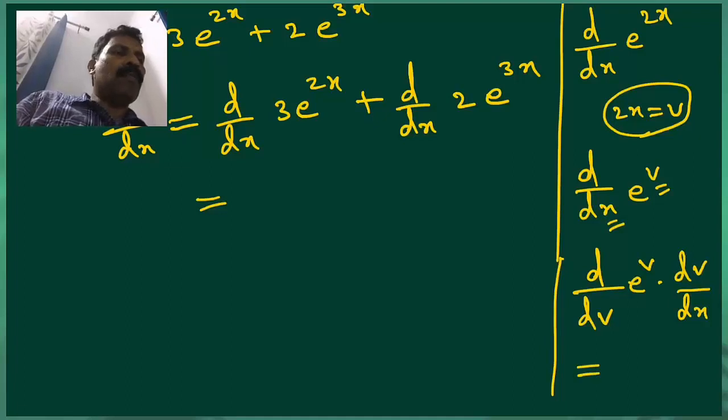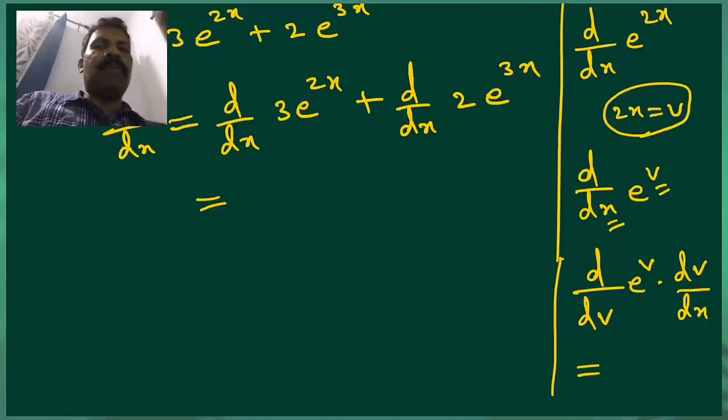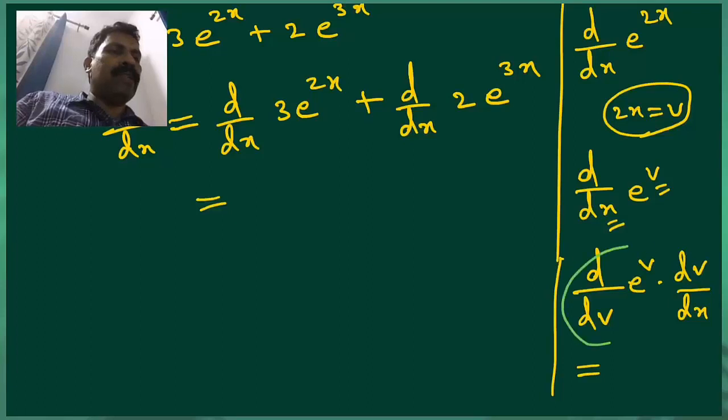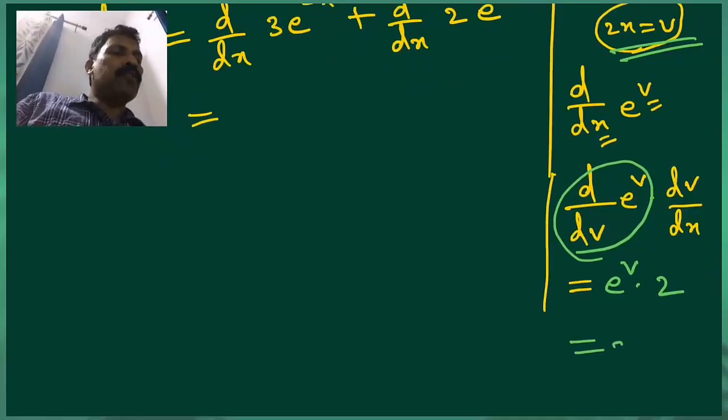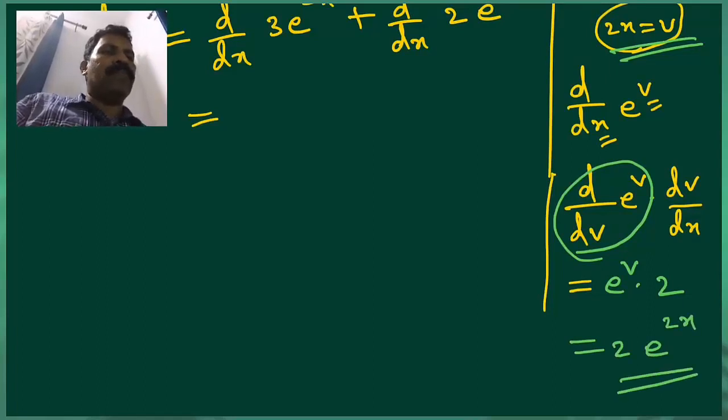That is, what is derivative of e power v with respect to v? That is e power v only. Then derivative of v is 2x, v is 2x. So derivative of v means derivative of 2x, that is 2. So you have 2 into e raised to v, what is v? 2x. So that is this way.